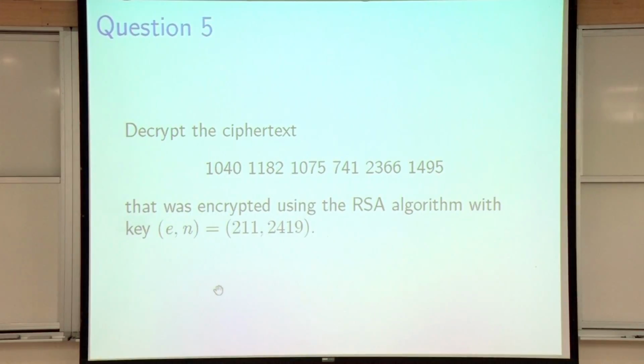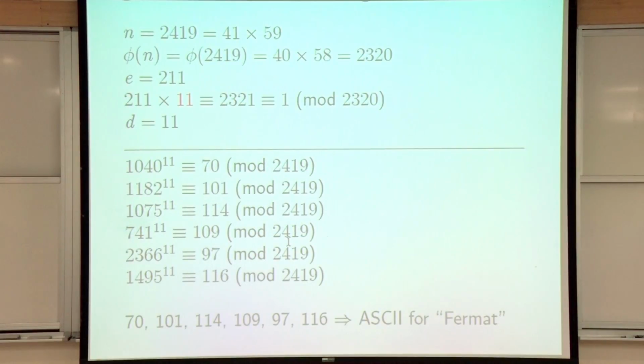In question 5, we ask you to decrypt this ciphertext where the public key is 211 and 2419. So first, n is equal to 2419.